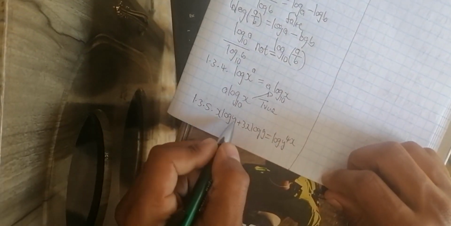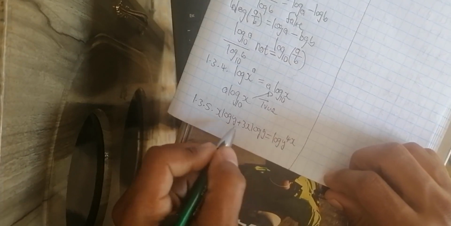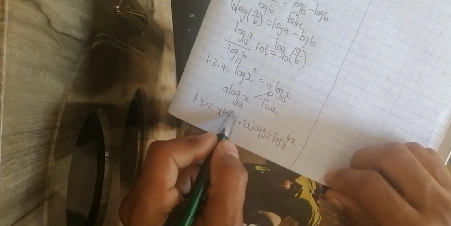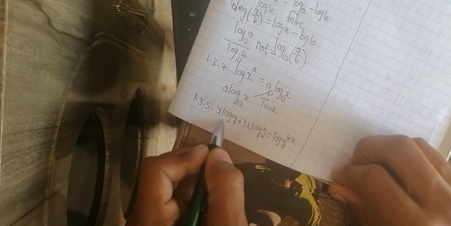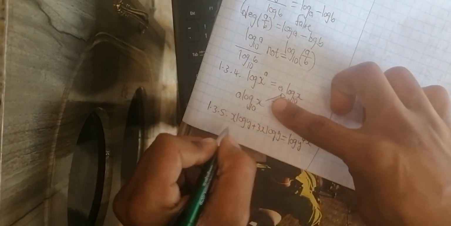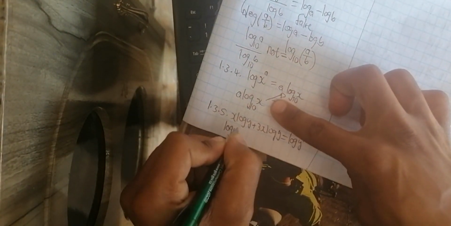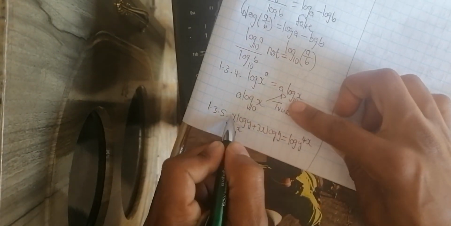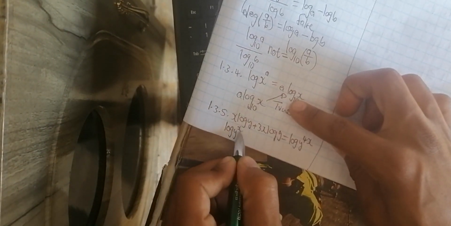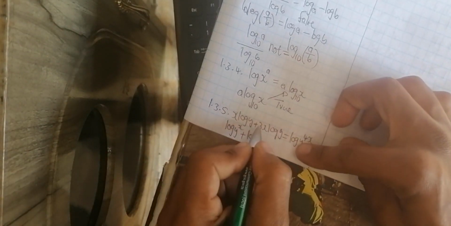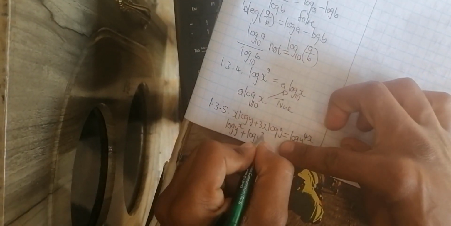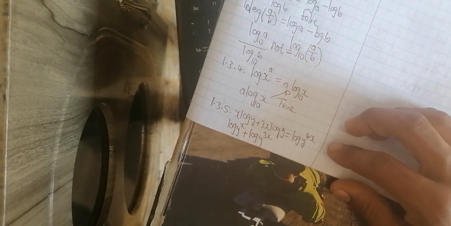I know when I add, I multiply. So I'm going to rewrite this and this. So this was log y exponent x. Before it was brought down, it was an exponent. Log y, before it was brought down, it was an exponent.